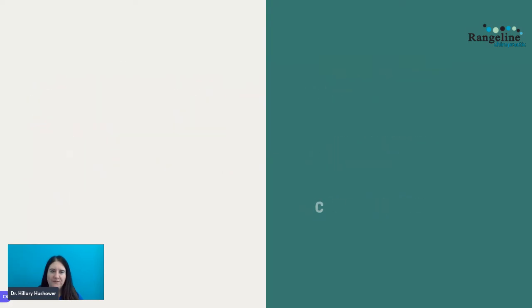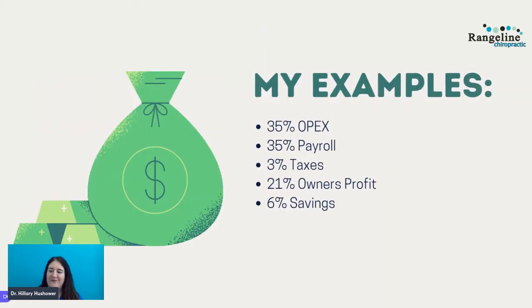So my examples that I wanted to get to: OPEX, it's called operating expenses. I do about 35% into that. About 35% is payroll, 3% tax, 21% owner's profit, and 6% savings. Everyone can be different, I get it. I did not start off with these.